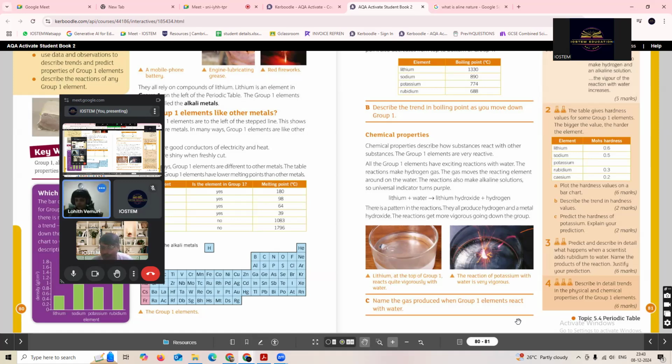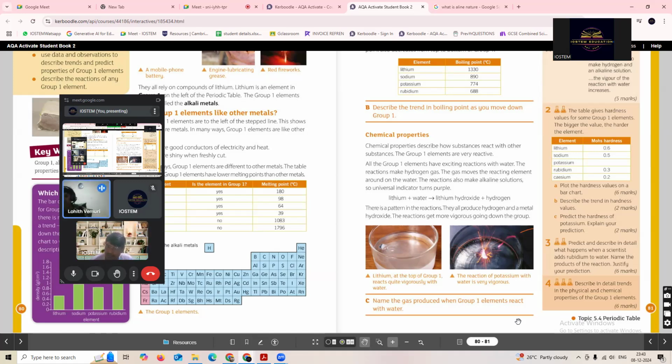They are sonorous, shiny, and brittle. And they are very good conductors of electricity and heat. And what about the chemical properties? Because you have to write the chemical properties as well, right? Yeah. They react very vigorously with water.